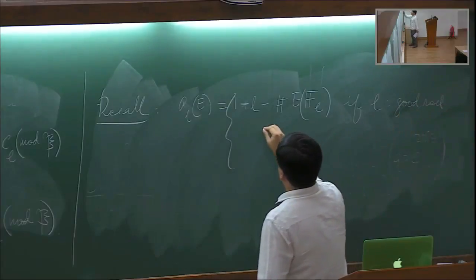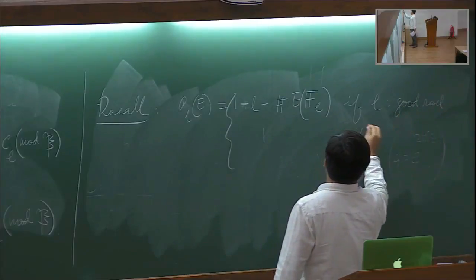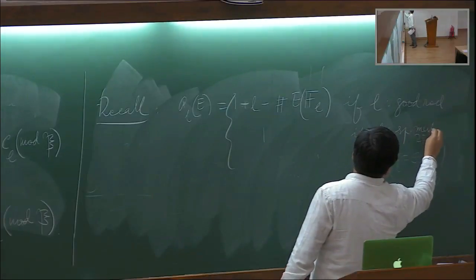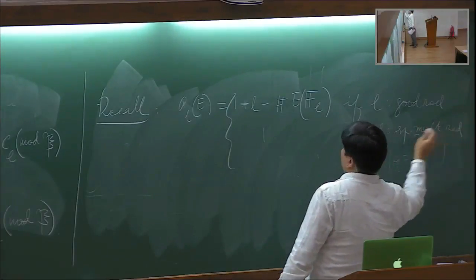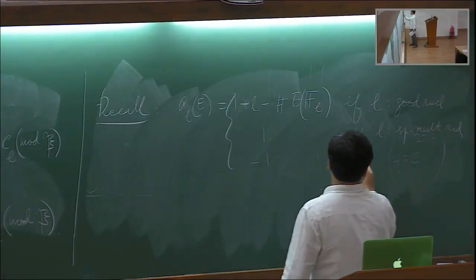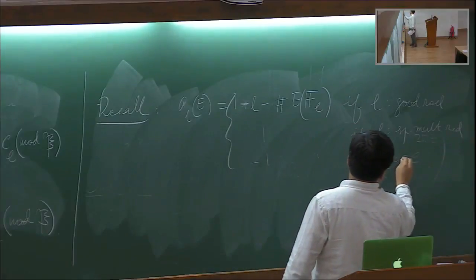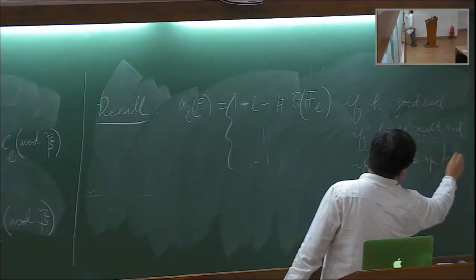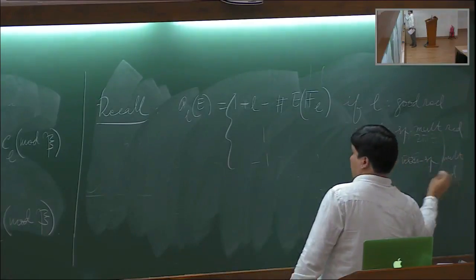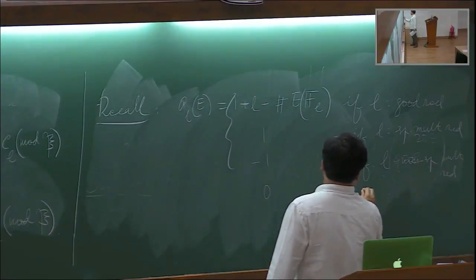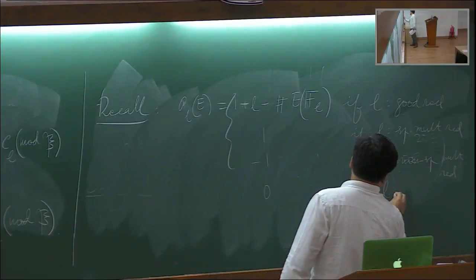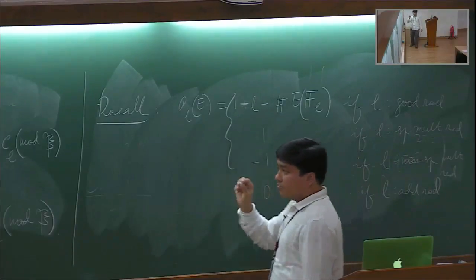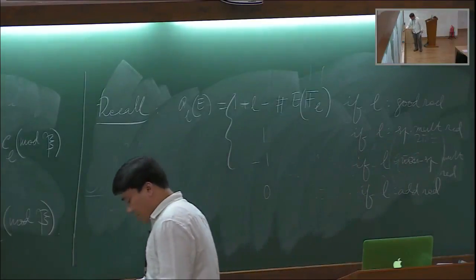And then it's 1 if l is a prime of split multiplicative reduction, minus 1 if l is a prime of non-split multiplicative reduction, and then 0 if l is a prime of additive reduction. Remember this. This is all that is needed for this whole talk.